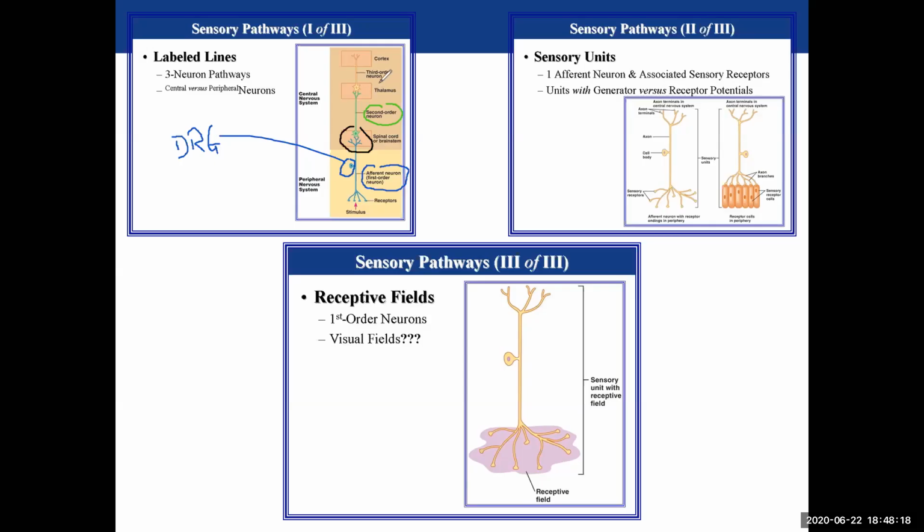So there's the thalamus here. There's actually two of them, right? There should be a right and left thalami. And this is where you have the third order neuron. So you have the right and left thalamus, and you have the third order neuron connecting each thalamus to the cerebral cortex.